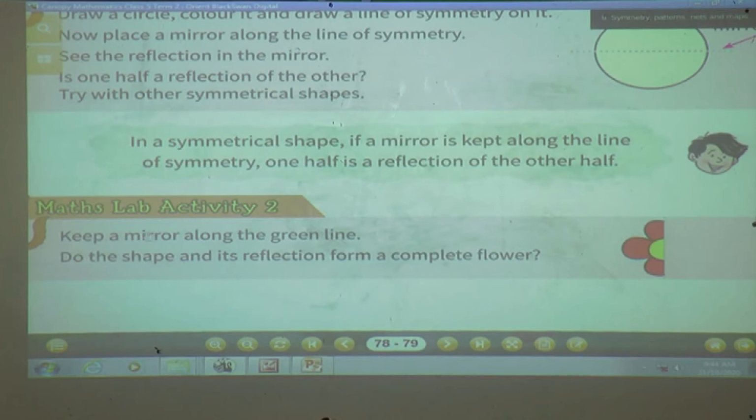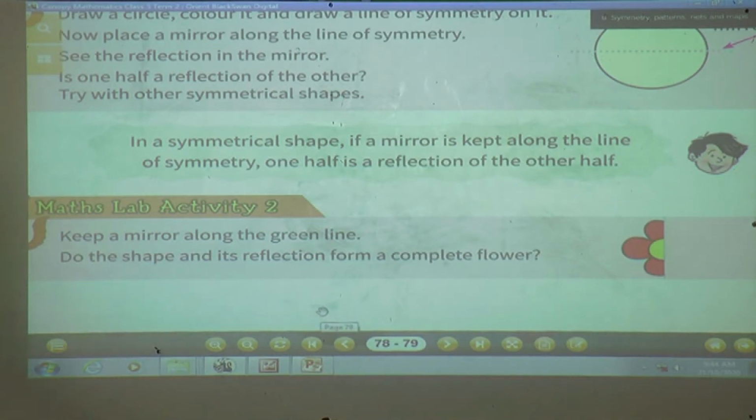Now here, keep a mirror along the green line. Do the shape and its reflection form a complete flower? Yes, because just now I told you, in a symmetrical shape, if a mirror is kept along the line of symmetry, one half is a reflection of the other half. So that's why it completes a flower.